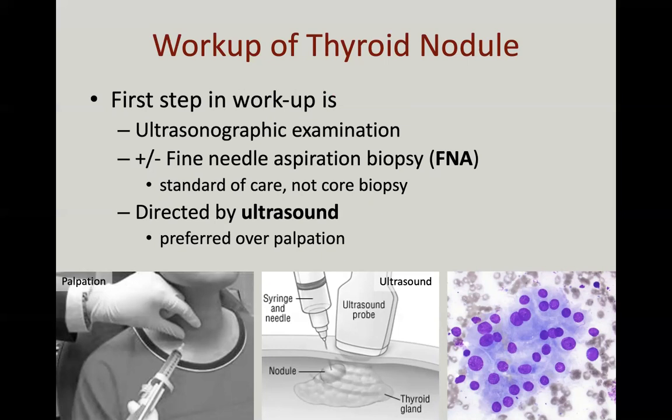We prefer that the FNA be directed by ultrasound so that the nodule of interest is targeted. You know that you are in it, and you know that you are not in some other structure of the neck. Certainly, ultrasound guidance is preferred over manual palpation for those reasons.